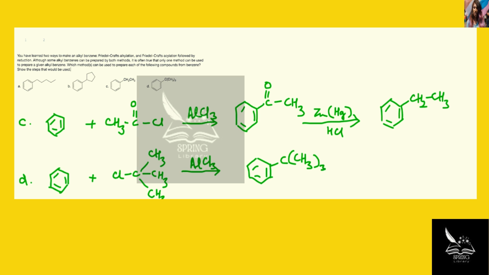So this is the final product D, which is formed directly by alkylation using the required alkyl halide.